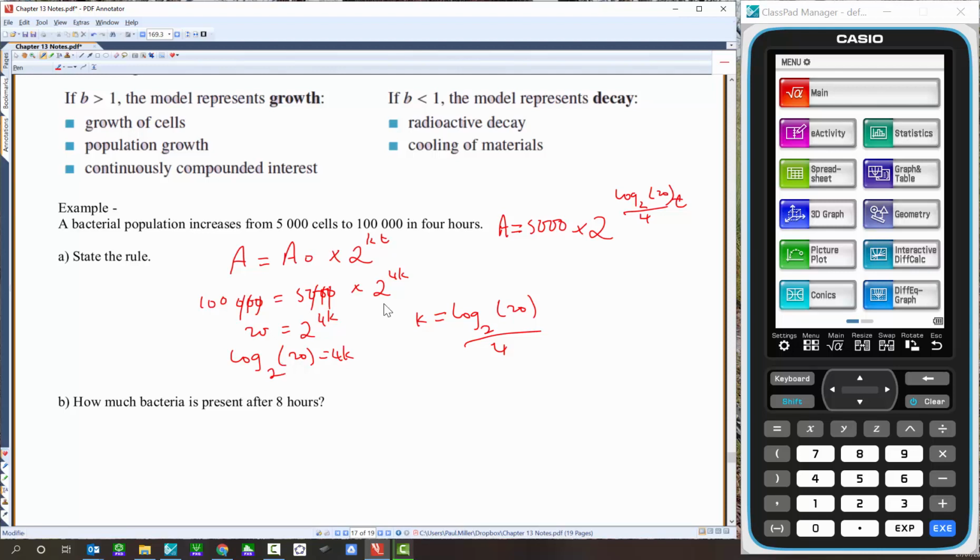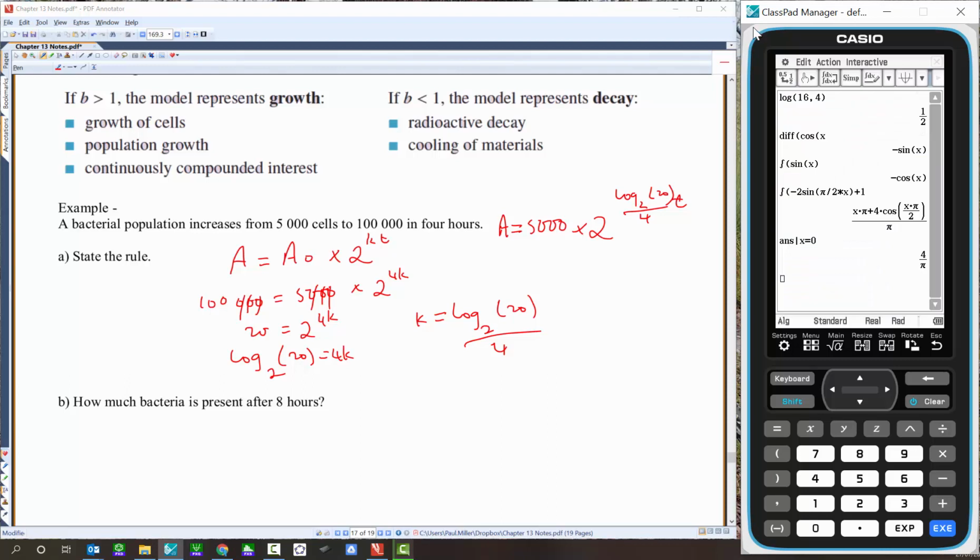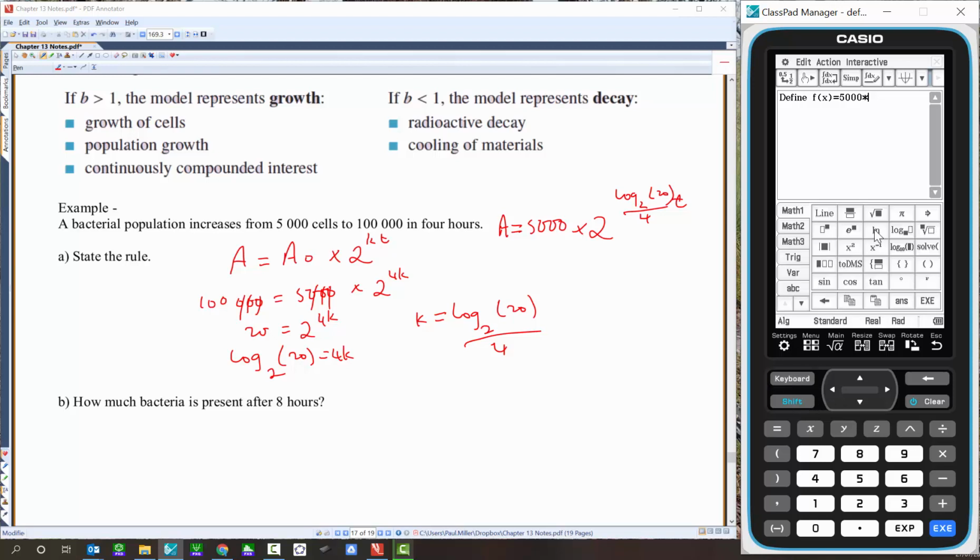Okay, so we go over to the calculator here, and we're going to use that. I'm going to define a function, f of x equals 5,000 multiplied by 2 to the power of. Now I recommend you go shift power, 2 to the, and I actually think you should go to keyboard here and use the template to do this.